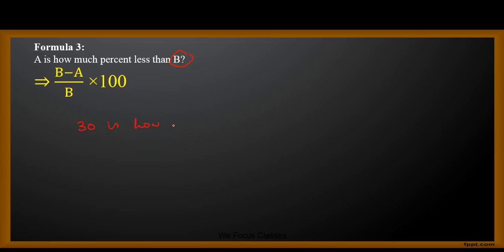Let us say 30 is how much percent less than 40. What is the required value here? 30 is how much less than 40? 10. How are we getting 10? 40 minus 30.